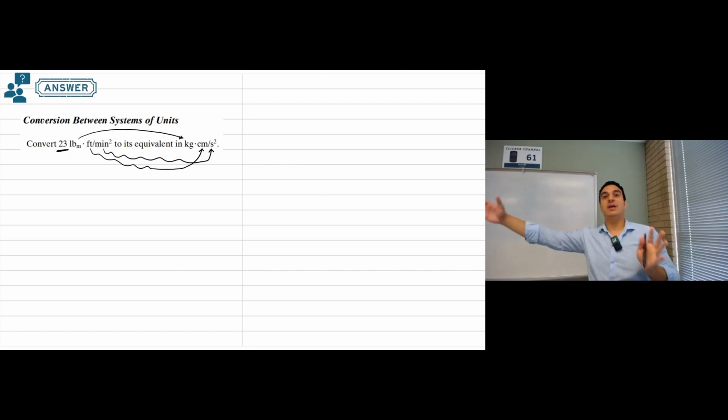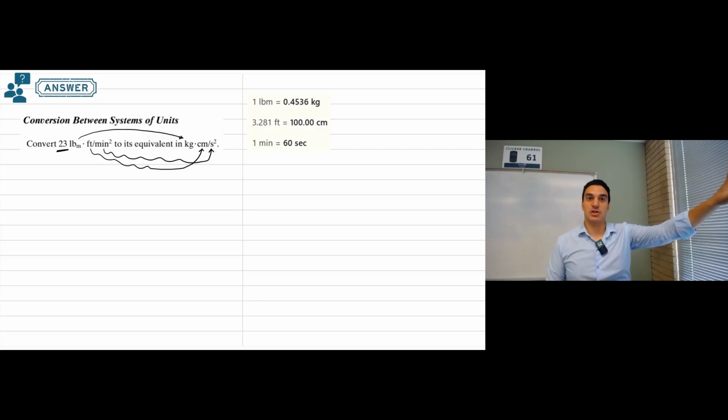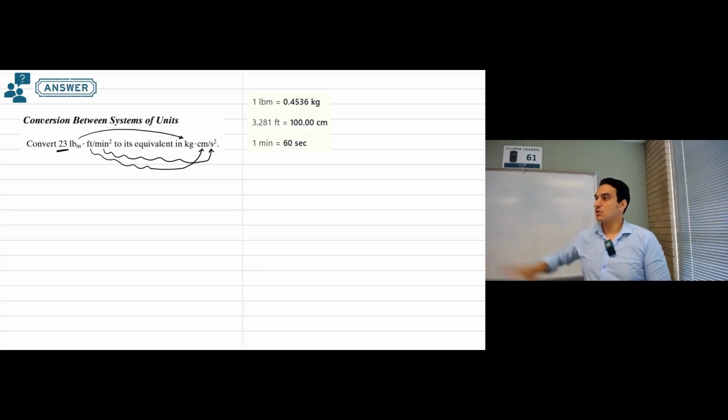Then we have tables for this conversion. I will upload these tables in Canvas, just 2 pages to keep it simple. Now you need to know the conversion factor between pound mass and kilogram. In this table, you see that 1 pound mass is equivalent to 0.45 kilogram. What is the relationship between feet and centimeter? 3.28 feet is equivalent to 100 centimeter.